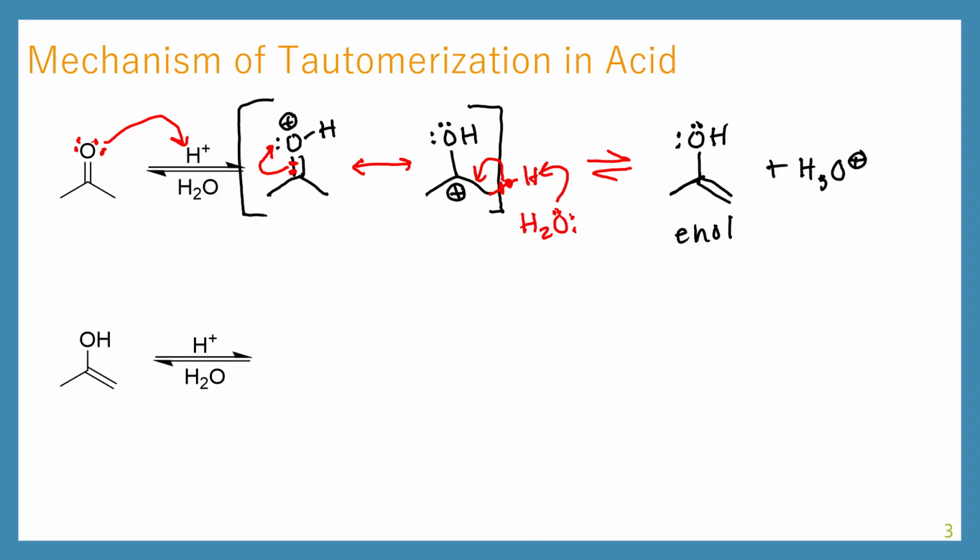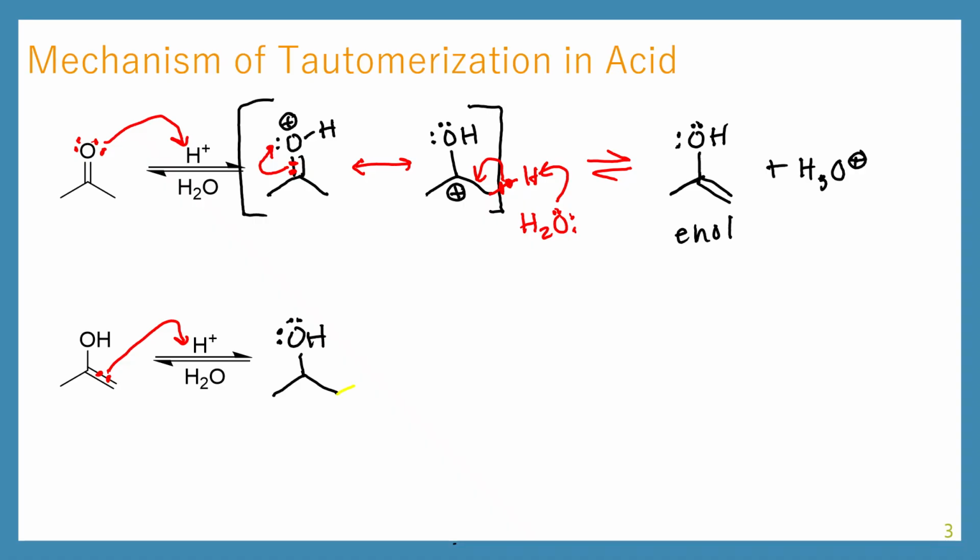So for example, we ended our previous mechanism by deprotonating at the alpha carbon. So to start our next mechanism, we're going to start by protonating at the alpha carbon. Now, we're protonating at the alpha carbon because that's what we need to do, but also that does follow our Markovnikov addition rules that we've previously seen for alkenes reacting with acids.